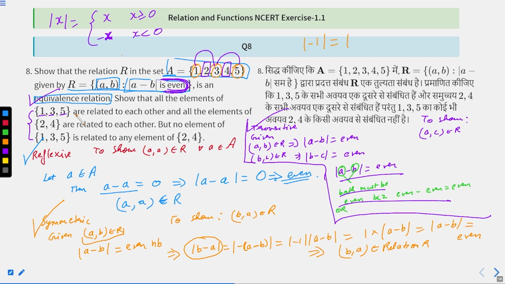And the evens are related to each other. So 1, 3 and 5 form the set of odd numbers from A, and there is the set of even numbers from A. If you try to link the set of 2, 4 to 1, 3, 5, you cannot find anything. I hope you can do the rest of it.